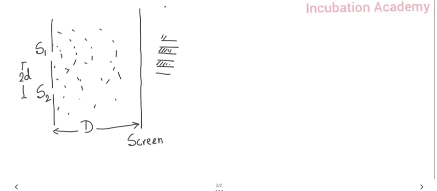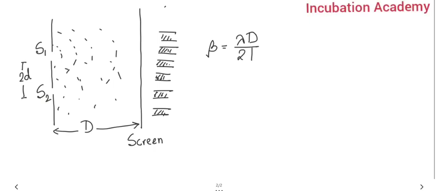We know this very well. The fringe width, denoted as beta, is lambda capital D divided by 2d.